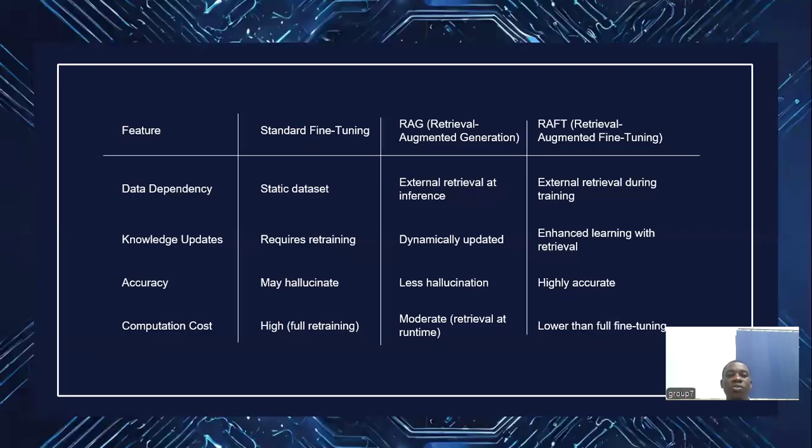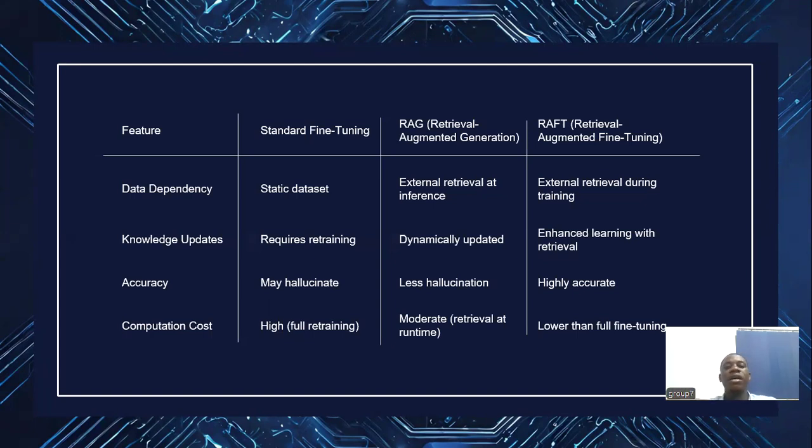So further, I'll take you through a brief difference between RAFT, RAG, and then the standard fine-tuning mechanism. So for RAFT, for a feature that is data dependent, external data retrieval is done during training, meaning the model gets the data during the training process.